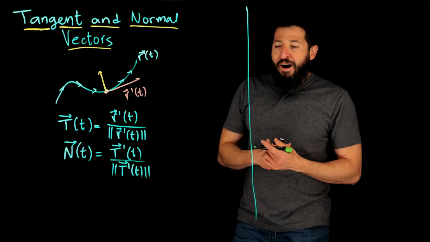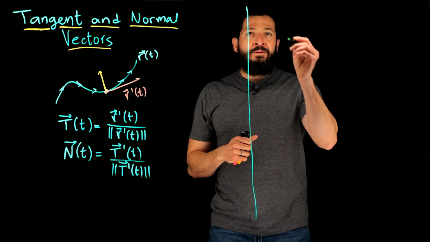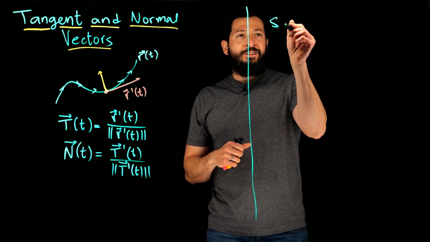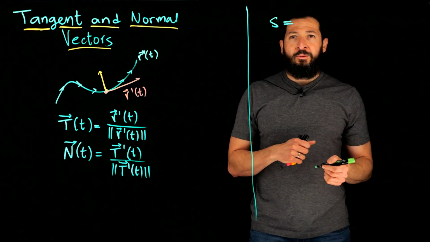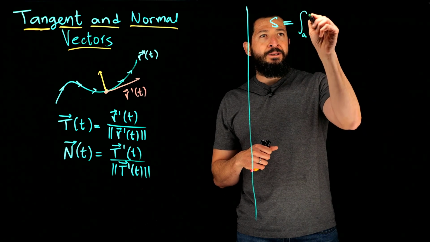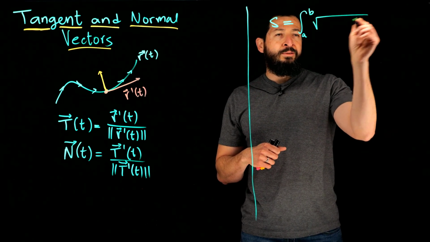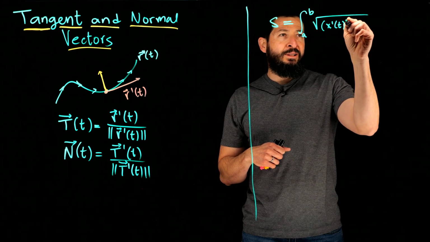I'll be right back. All right, so let's look at, recall, the formula for the arc length, let's call it S, for a curve that is in parametric form. Let's do x, y, z for right now. And let's write it as the integral from a to b of the square root of the derivative of x prime of t.